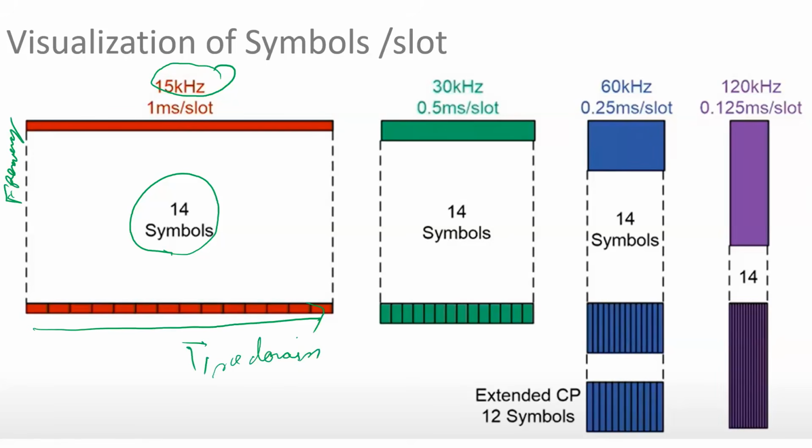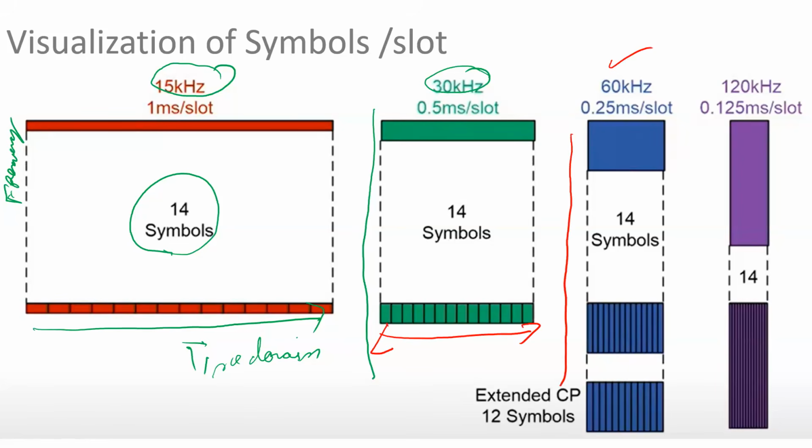So as you go to numerology 1, 30 kilohertz, the green one, you can see we have gone bigger in the frequency domain, but our time domain has reduced, right? When you go to 60 kilohertz, again, our frequency domain has increased, but our time domain is reduced.